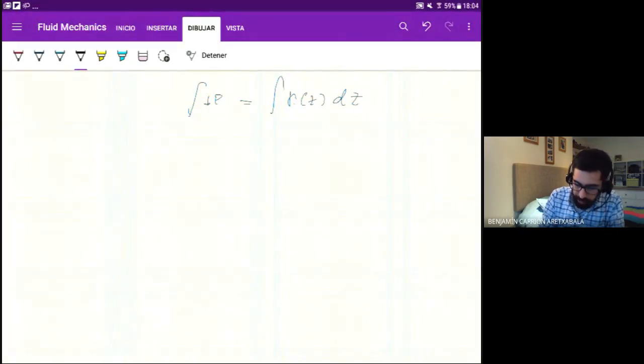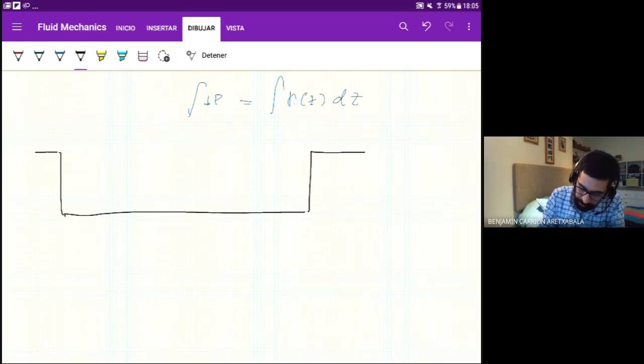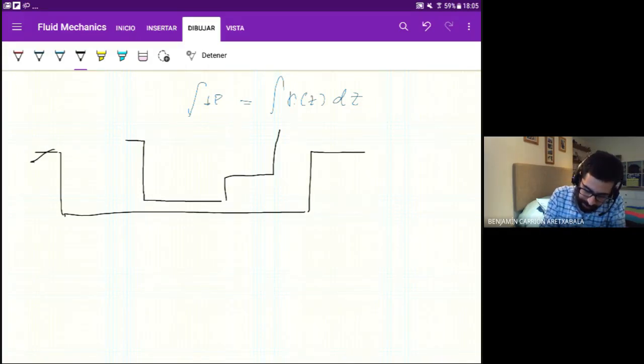Let's say you have a pool, okay, and this pool has some kind of island in between, and there is just a tube that connects these two. Okay, so this is concrete or cement or whatever.